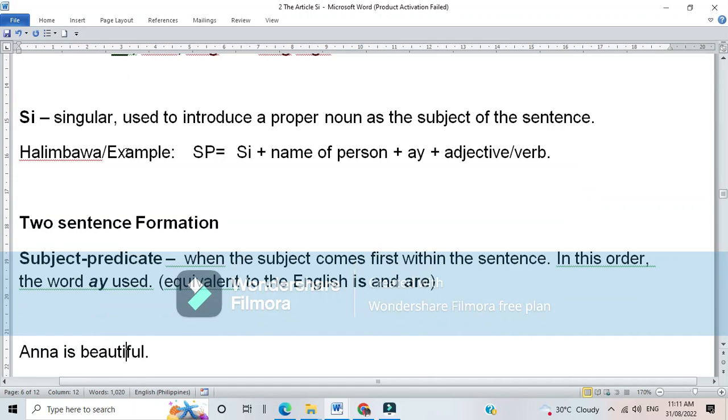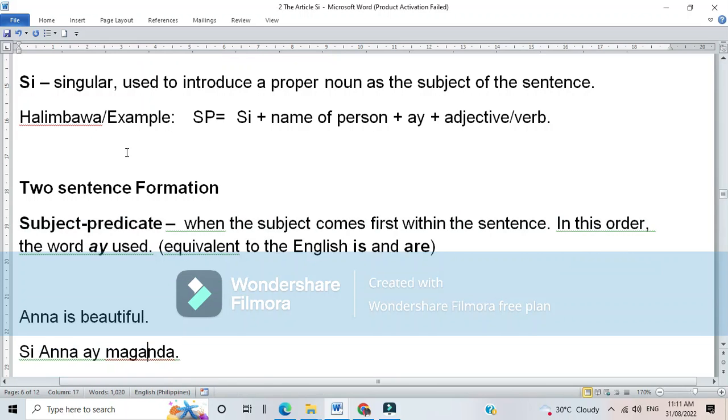Okay, so for example, the sentence is Anna is beautiful. Our subject is Anna, and then the predicate is maganda. Then we use ay right after the subject.